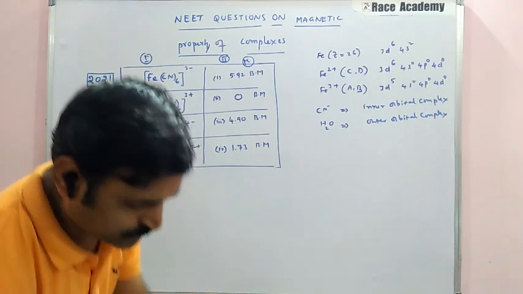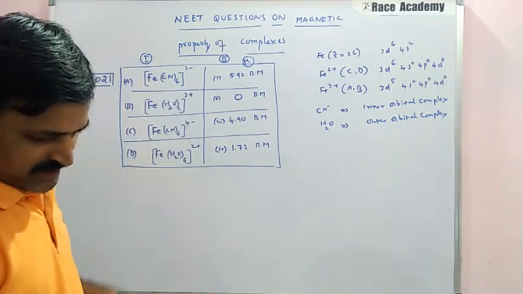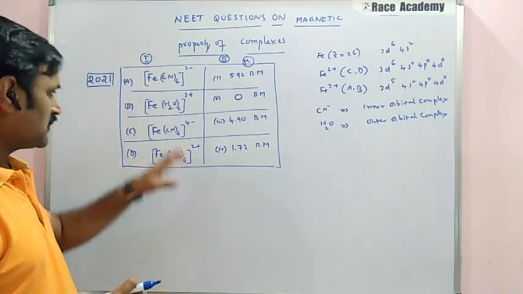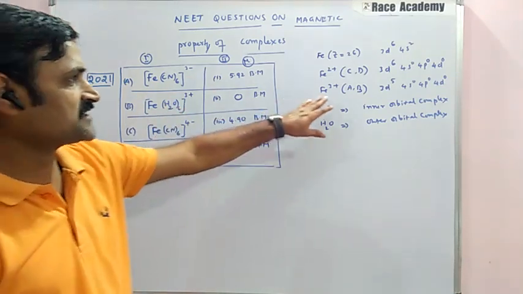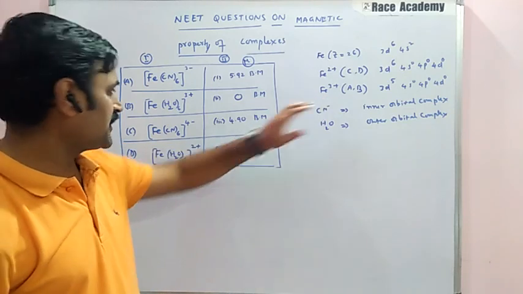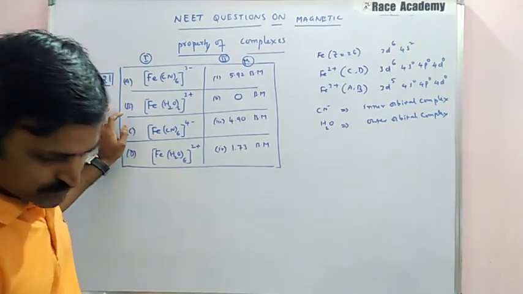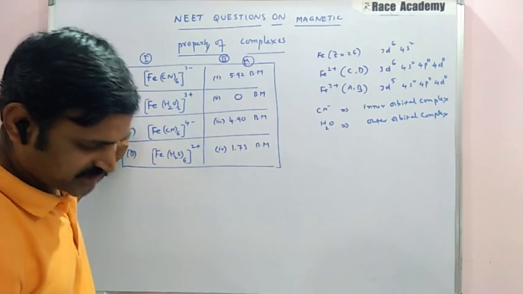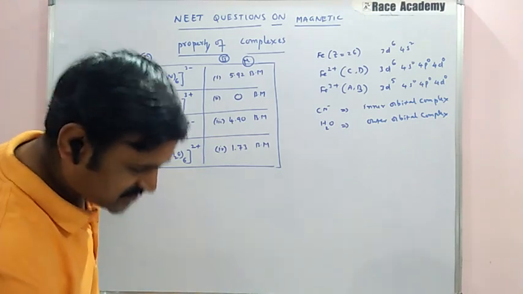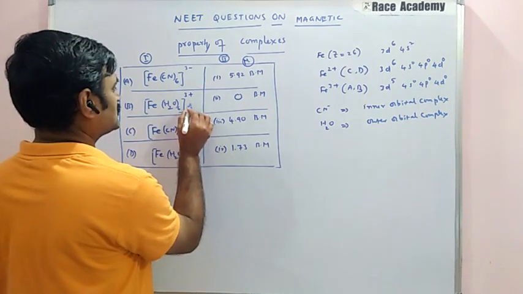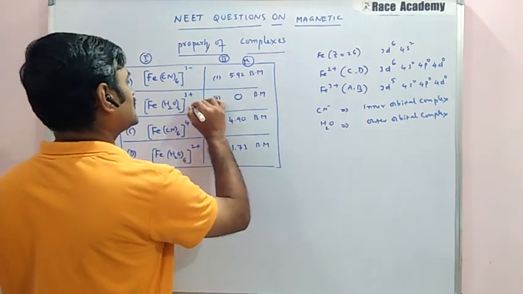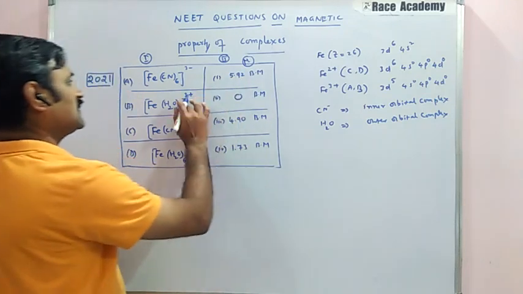H2O with iron in the highest oxidation state, +3, is said to exhibit the highest mu value. So B exhibits the highest mu value.